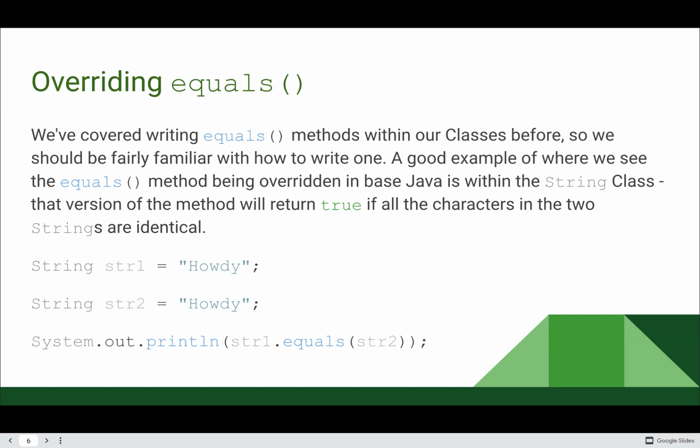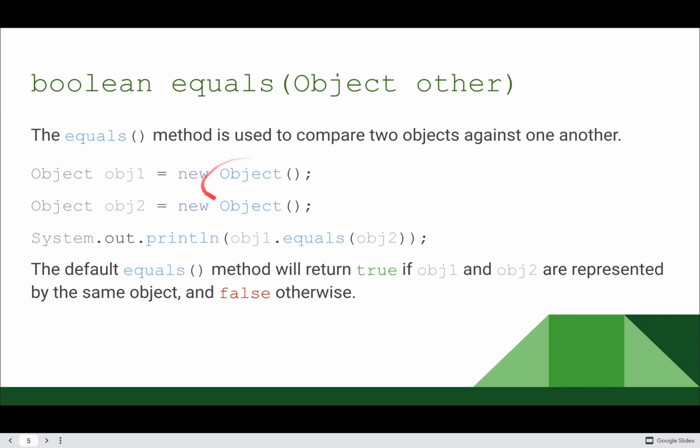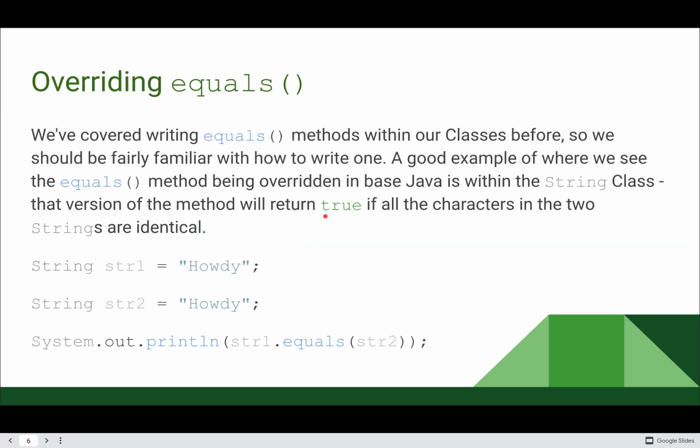So this is slightly different from the original object equals, because I could have two new string objects, but as long as their character sequences match, that will return true, whereas with two objects, it will return false, since you can't store any data in a regular object. But I can say string1 = "howdy", string2 = "howdy", and I can print string1.equals(string2). In this case, we would get true because howdy and howdy are the same.